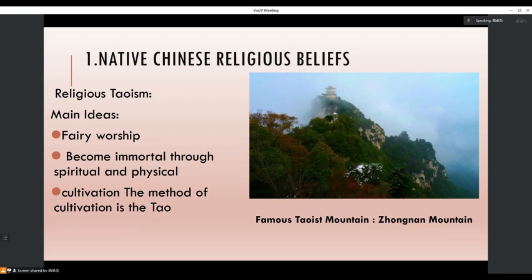The main idea of Taoism is fairy worship, god worship. Most Taoists want to be immortal, and in China there are a lot of gods in heaven, not one.